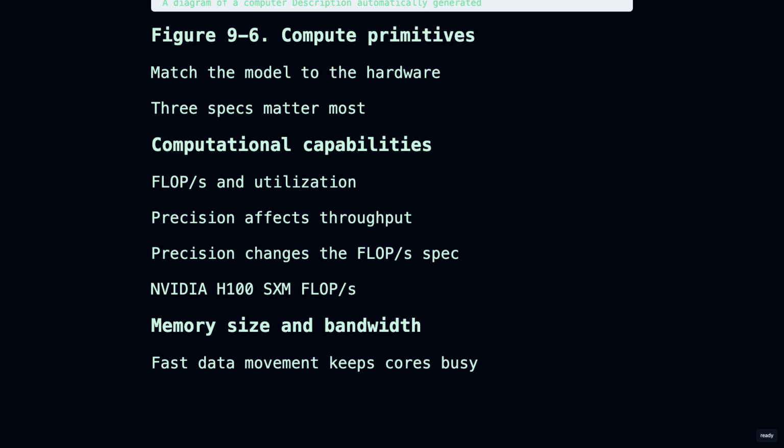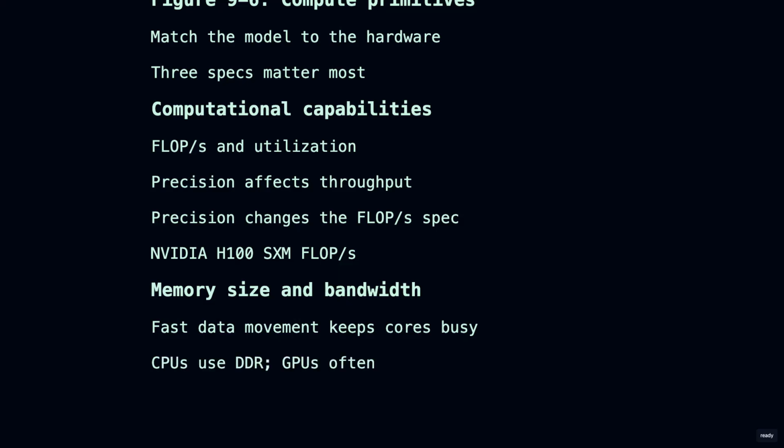Large models and training batches make bandwidth critical, which is why GPU memory is faster and more expensive than CPU memory. CPUs usually rely on DDR/SDRAM, while high-end GPUs often use HBM. The important difference is architectural. GPU memory is built for much higher bandwidth.